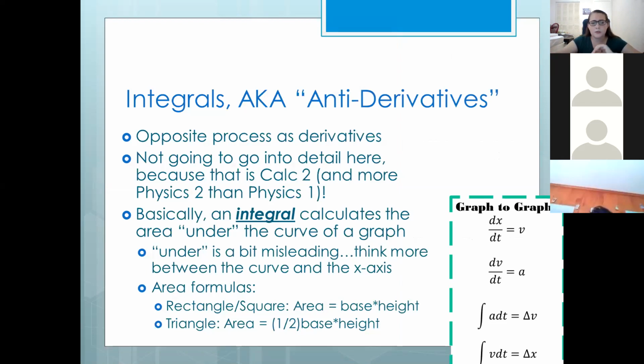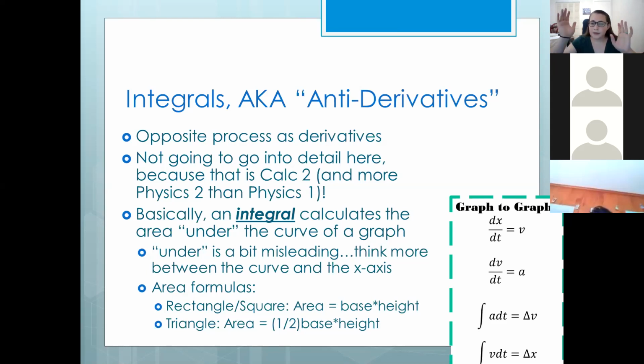So the formulas that you'll want to know for areas are the area of a rectangle or a square, and that's just base times height. And then the area of a triangle is 1/2 base times height. Okay. So you can see there in that green box in the corner, when you're going from graph to graph. So when you're going down the stack of graphs, we take the derivatives. So the derivative of position is velocity, derivative of velocity is acceleration.